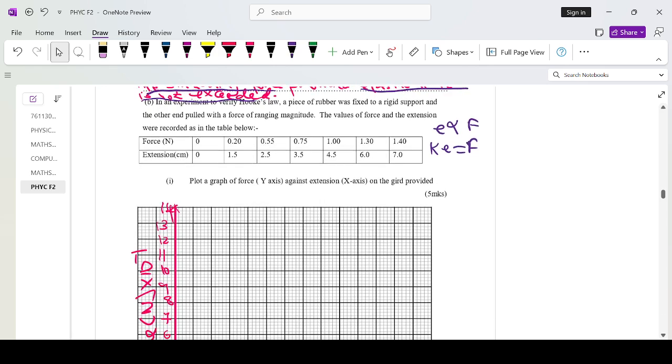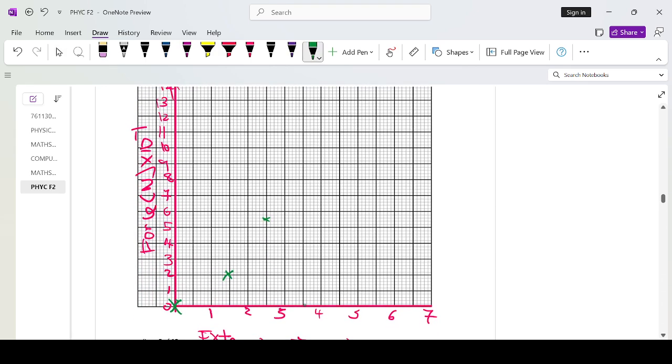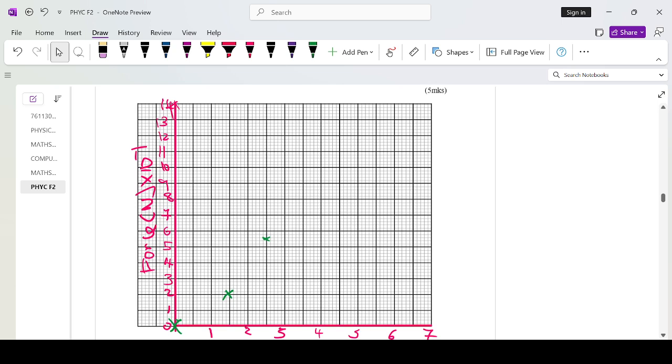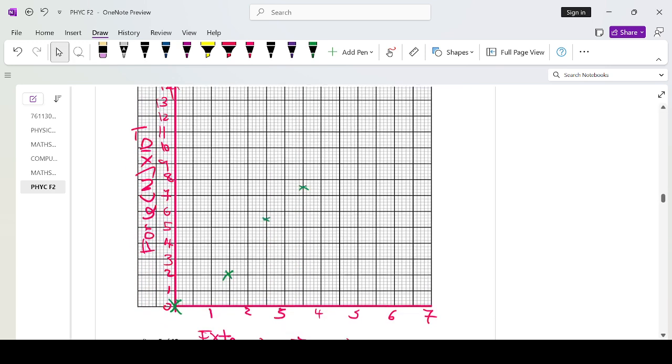Then 3.5, 7.5. Sorry, this is not 7.5, I've plotted on 6.5, it should be on 7.5. 3.5, 7.5 is between 7 and 8. Yeah, there. Then I'm done with 3.5.